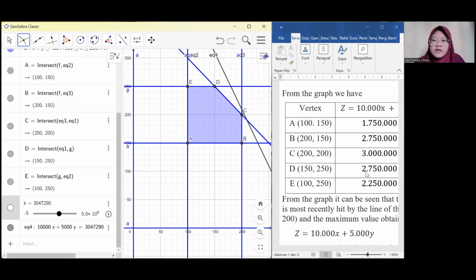For vertex D the profit is 2,750,000, and for vertex E the profit is 2,000,000.